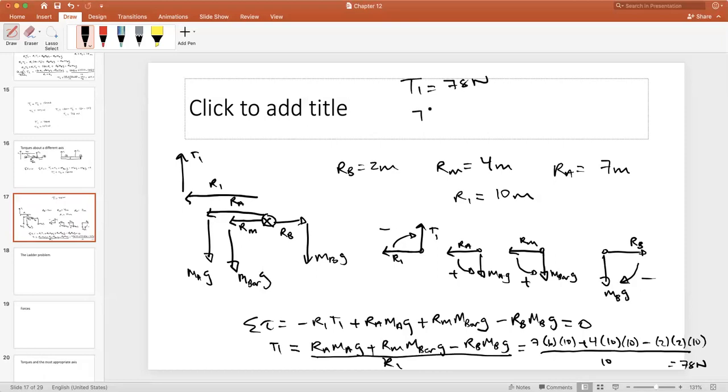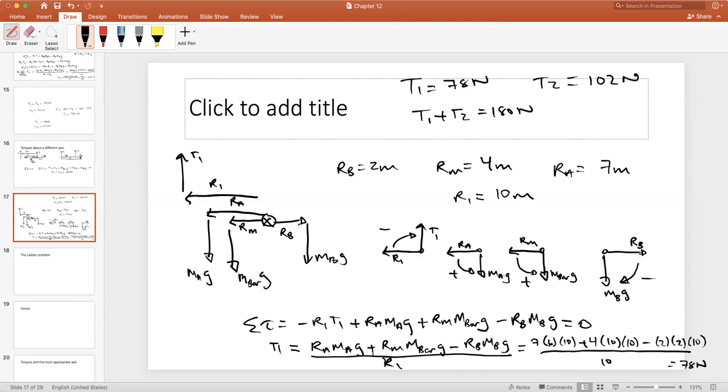So I see that T1 is 78 newtons. And recalling that I had T1 plus T2 is 180 newtons, this shows me that T2 is 102 newtons, which is exactly what we found before. The nice thing about doing it this way is I didn't have to do that initial substitution of T1 and T2 into this problem.